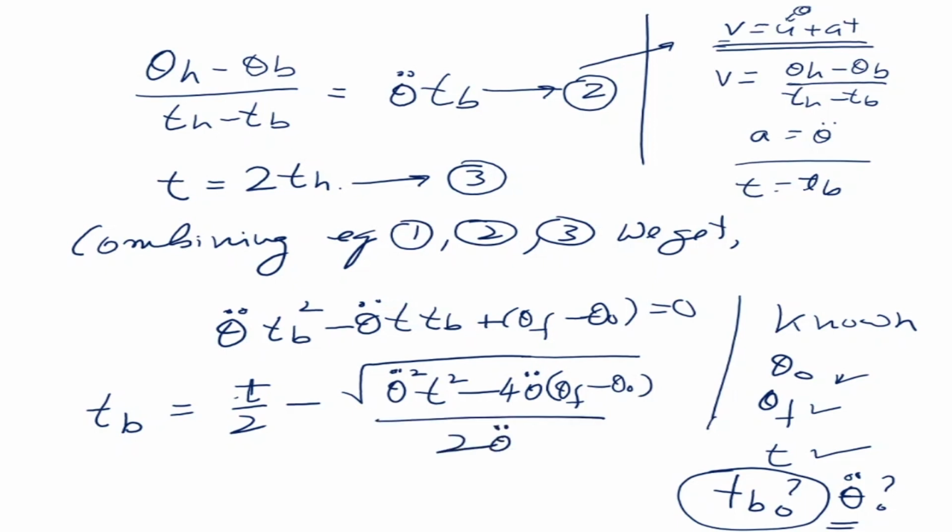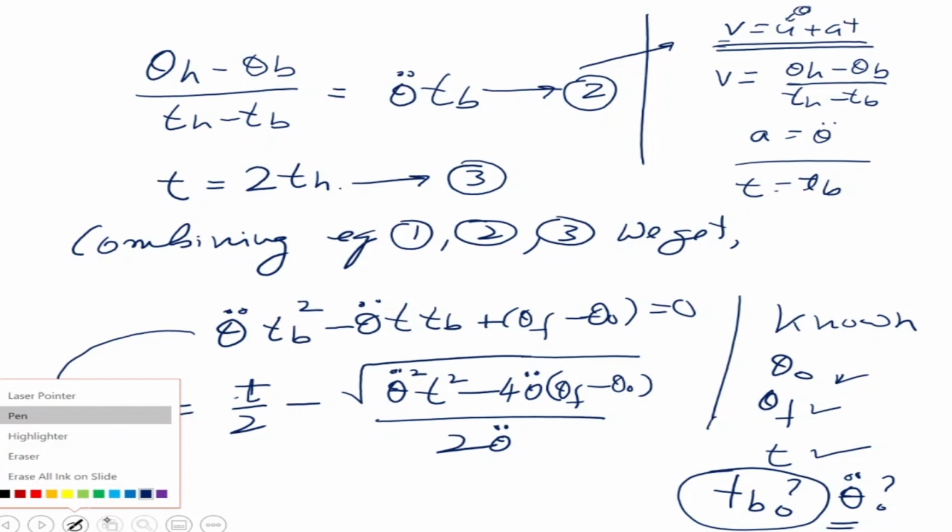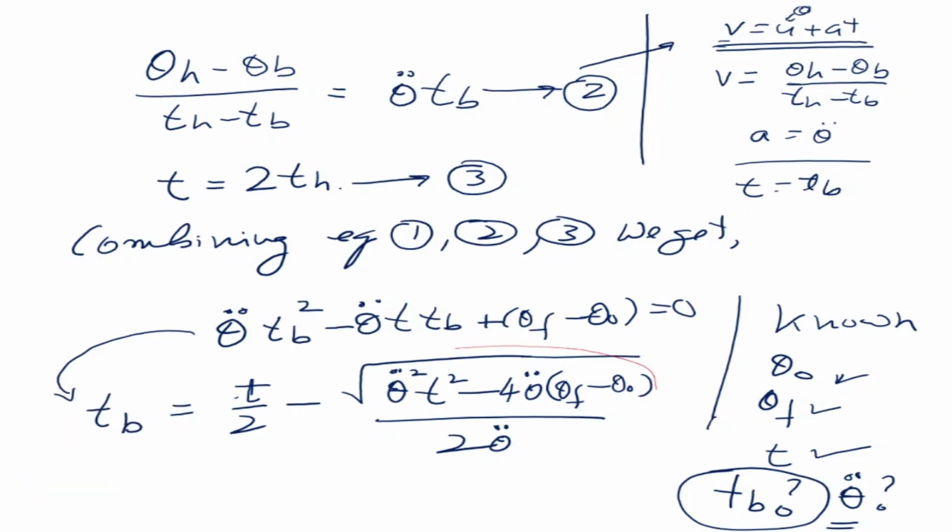Okay, so one of the roots of this equation is here. This is a second order equation, so I can find the roots this way. But now what we see is that this term is coming under the square root sign.